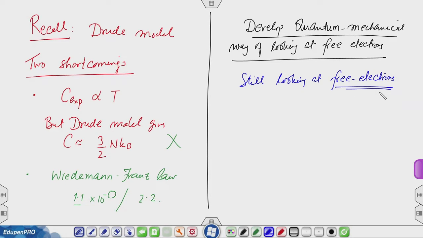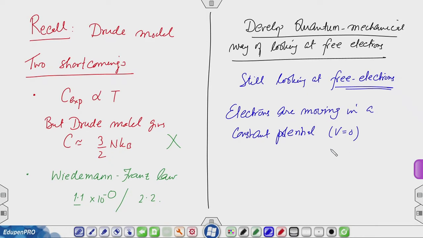The electrons are moving in a constant potential; I am taking V equals 0. So, the ionic background is still ignored, and we will see that when I bring in quantum mechanics, these two failures or shortcomings can be addressed, and then we will slowly build up from there as to how more and more properties can be included as I improve my treatment.